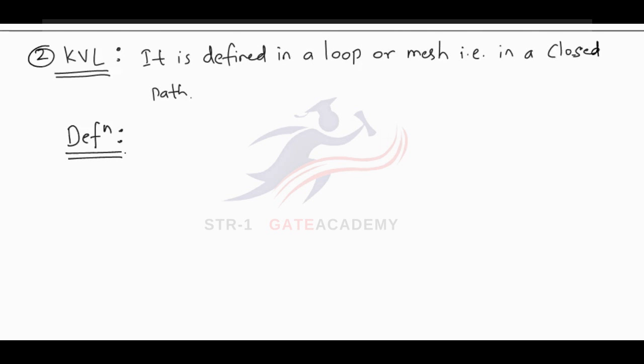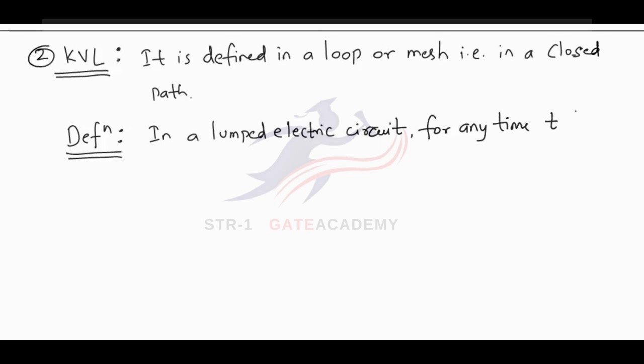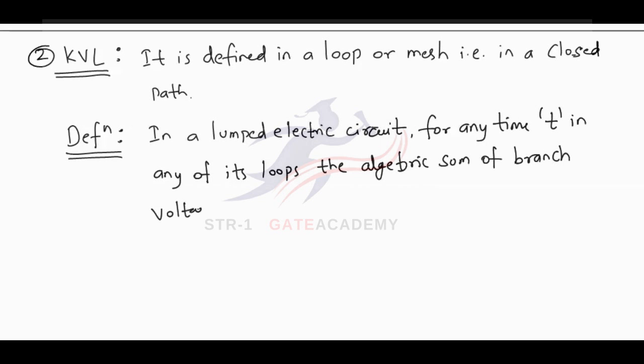According to KVL, in a lumped electric circuit, for any time t, in any of its loops, the algebraic sum of branch voltages around the loop is 0.